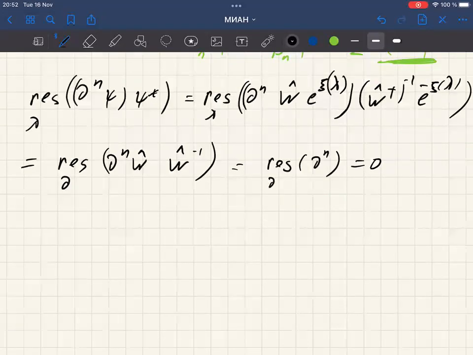Another way is a bit more difficult, but it was proven, and I already said we could find this proof.